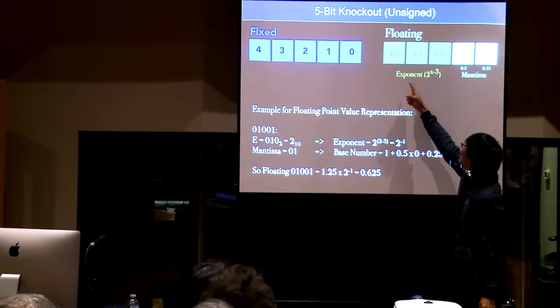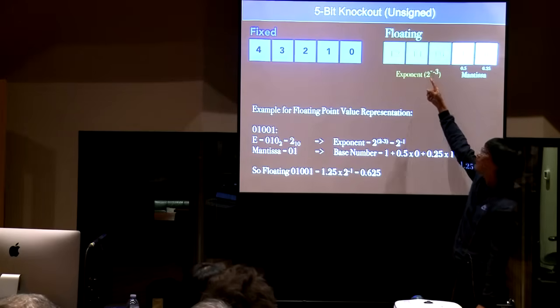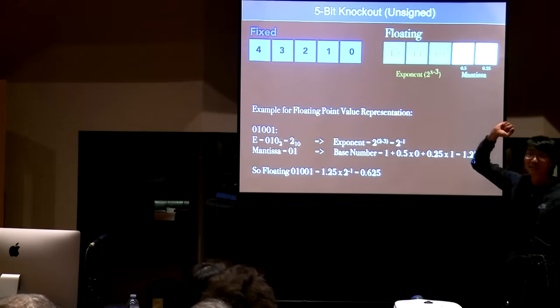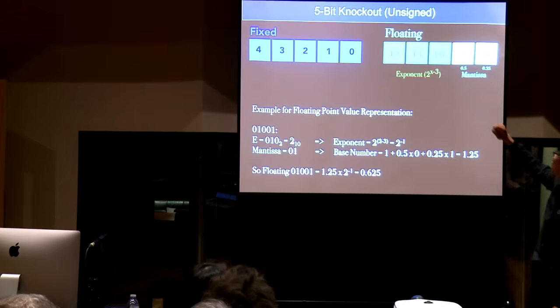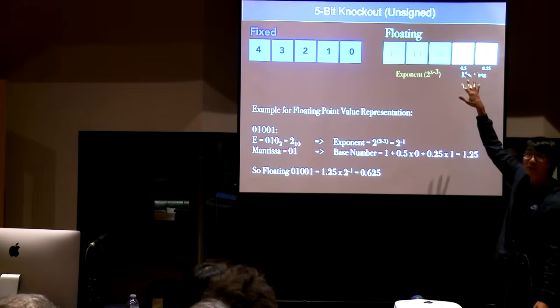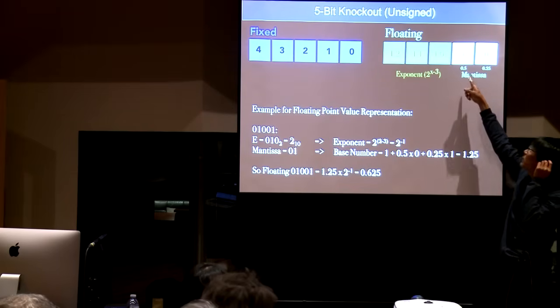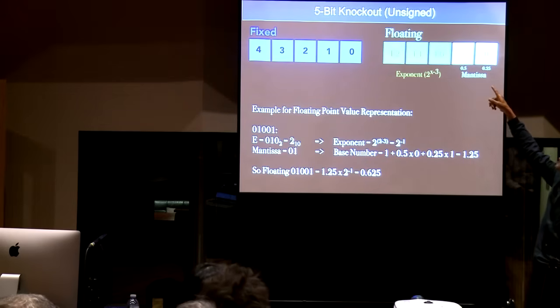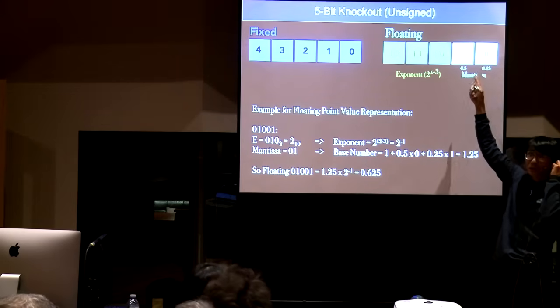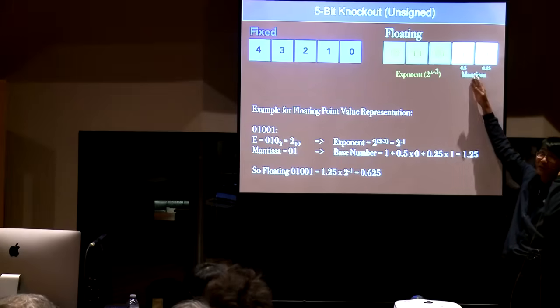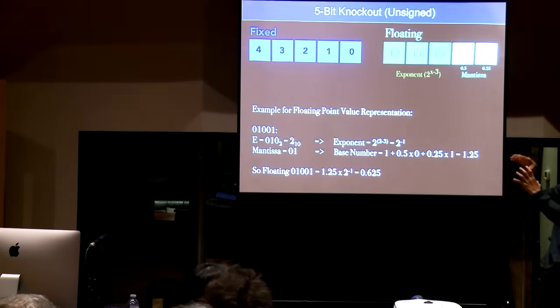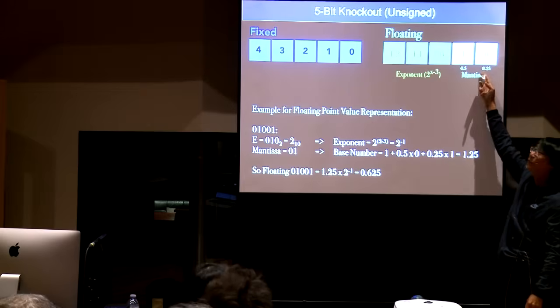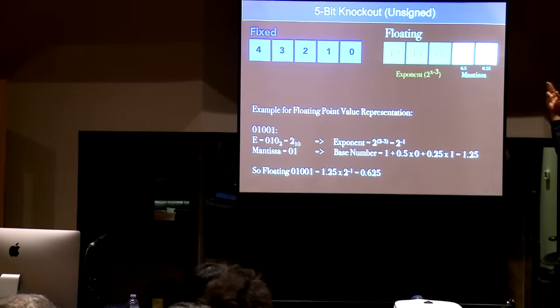I use 3 bits for exponent and 2 bits for mantissa. For the mantissa, because it's fractional, in binary the first bit will be 0.5 in decimal, and the second bit will be 0.25 because it's half. Because in binary you shift, you halve, so it's 0.5, 0.25, 0.125, 0.0625, 0.03125.